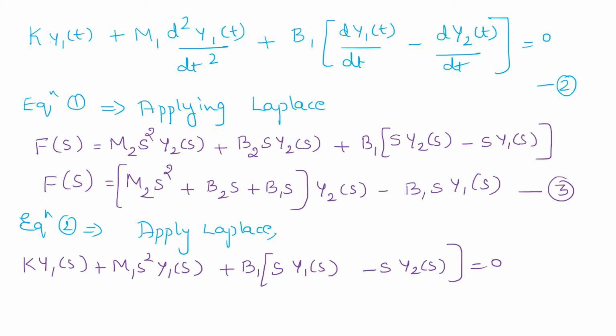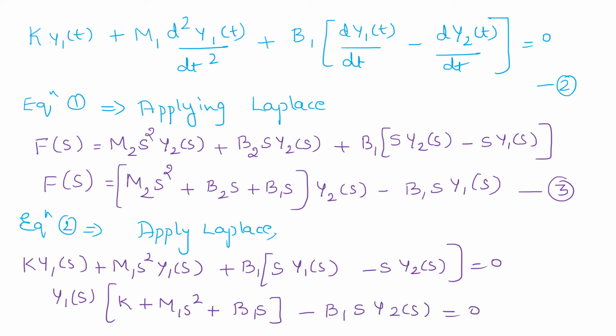Or you can write, if I take Y1(s) common, it becomes k plus m1 s square plus b1 s, minus b1 s into Y2(s) is equal to 0. This is equation 4.